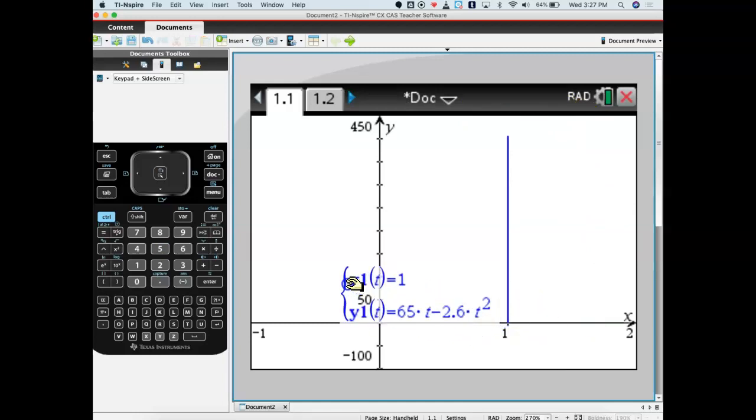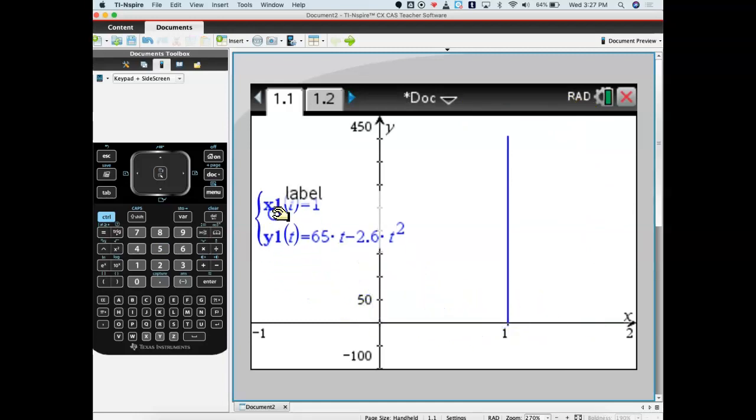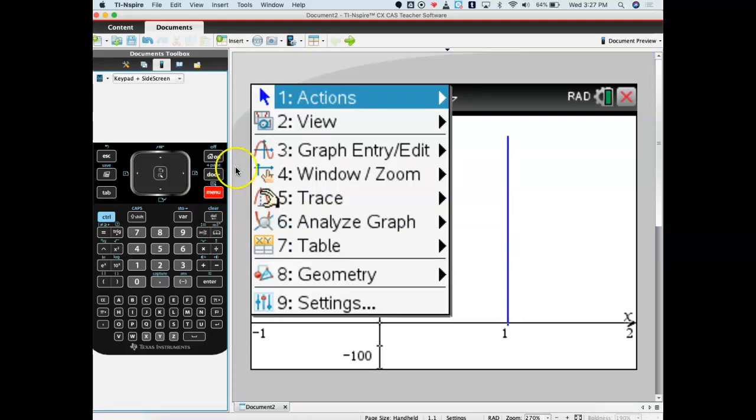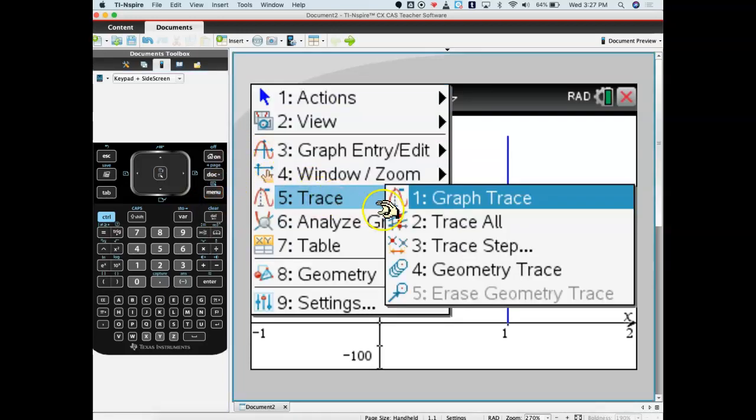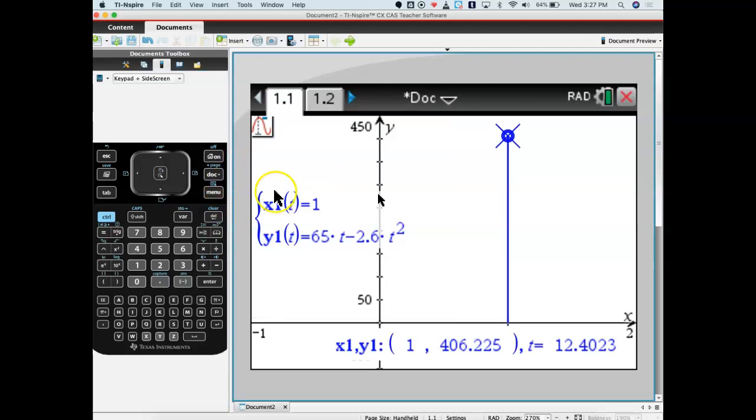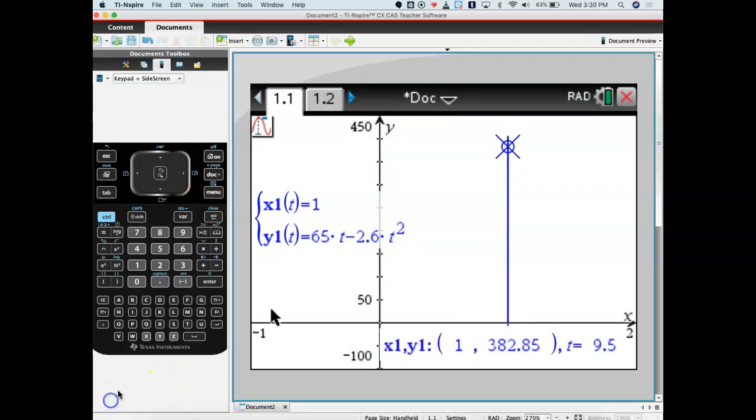Now, when I trace this graph, what's going to happen is I'm going to see the actual path of the ball. The actual path of the ball is going to move. Okay, menu, and I'm going to trace the graph. As I'm tracing this, what this is going to do is kind of cool.